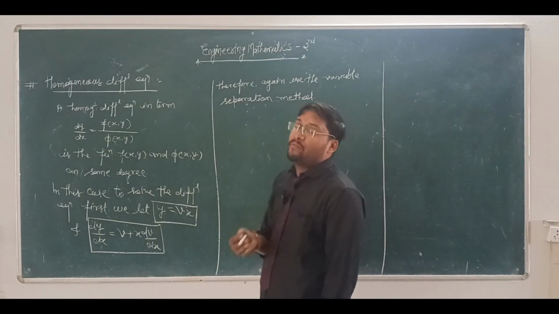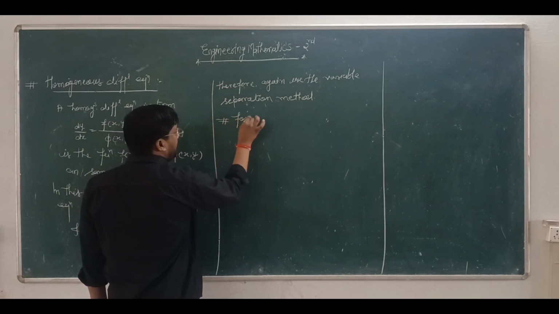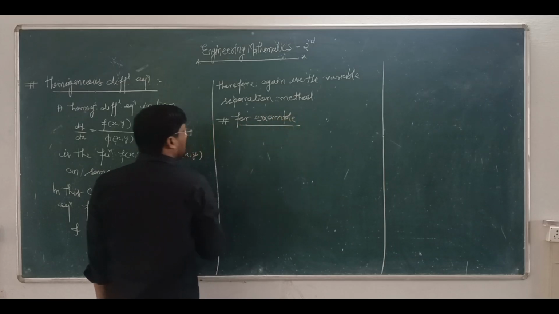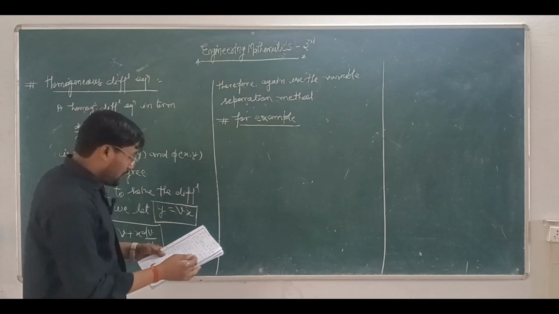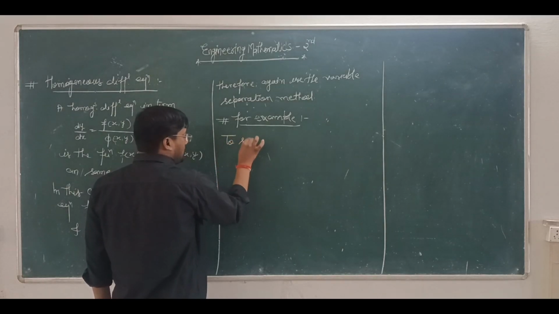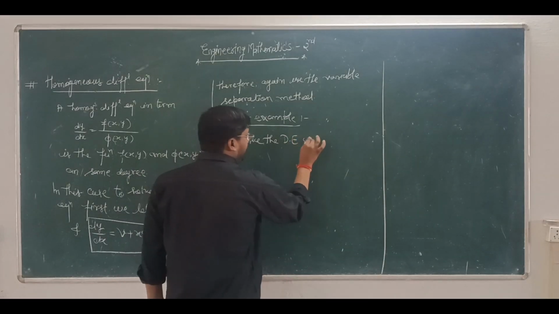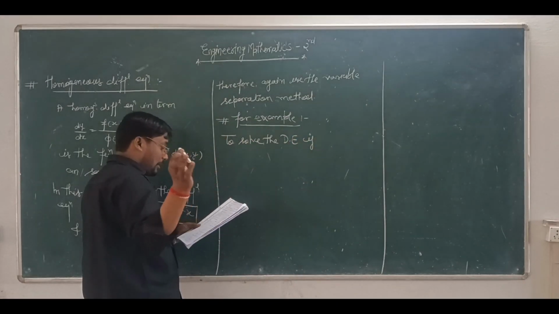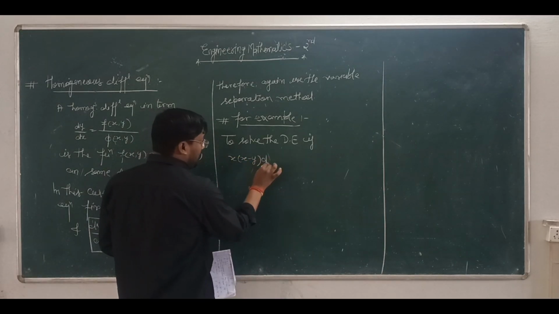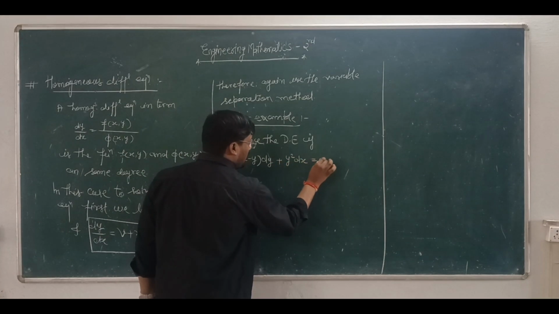First, you can note down an example. To solve the differential equation, note down the numerical: (x minus y) dy plus y square dx is equal to 0.